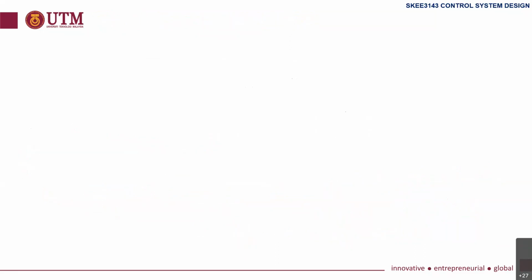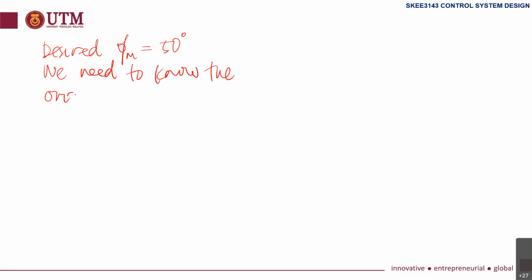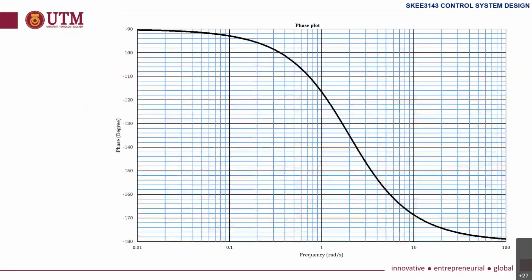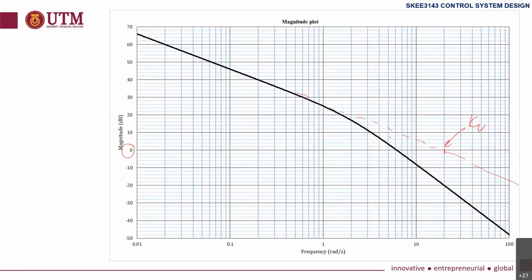Let's move. Our desired phase margin is 50 degrees from the design requirement. Now we need to know the original phase margin. The original phase margin can be obtained from the Bode plot given.